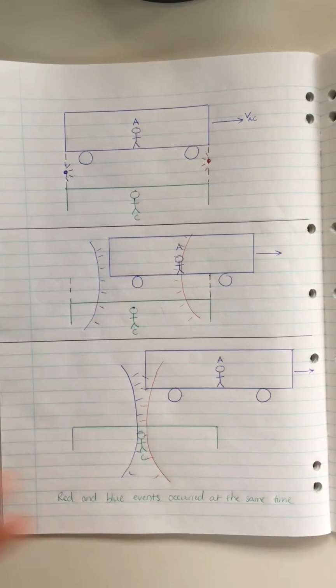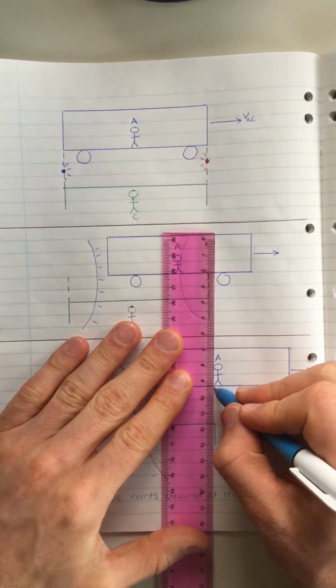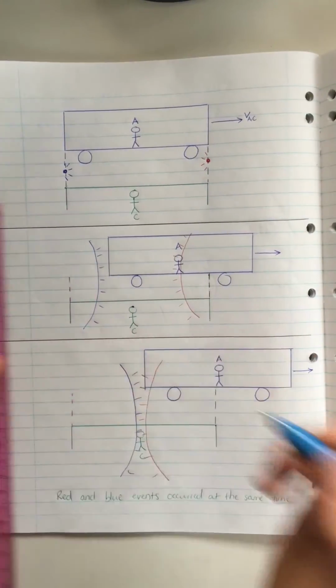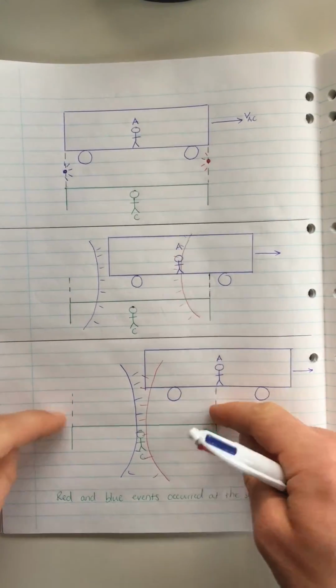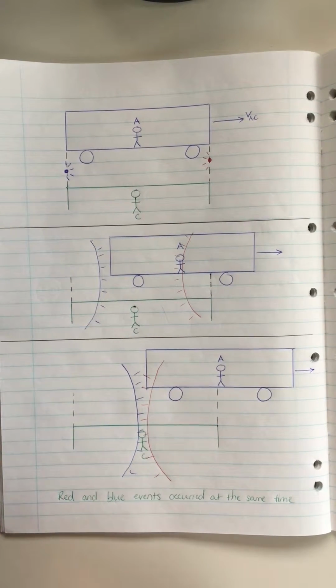And so let's just convince ourselves why they say that. It might look obvious, but let's make sure that we understand why that's the case. Well, person C sees these two flashes, and person C knows the conditions of our experiment: that the flash came from here, from the ends of the platform. Person C is standing exactly in the middle of the platform.